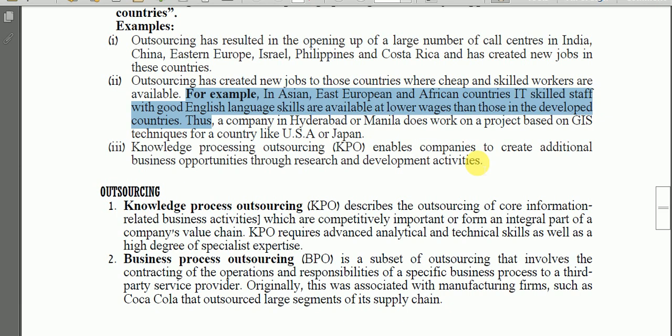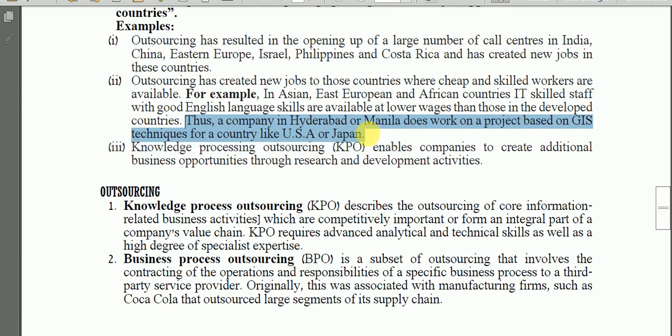So in the countries of Asia, East European countries, and Africa, we have so many skilled information technology workers, and they are cheap also, as compared to the developed economies. And thus a company in Hyderabad or Manila does work on a project based on GIS, Geographic Information System techniques, for a country like USA or Japan.